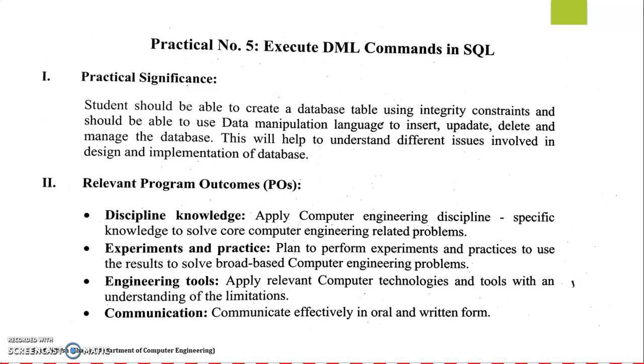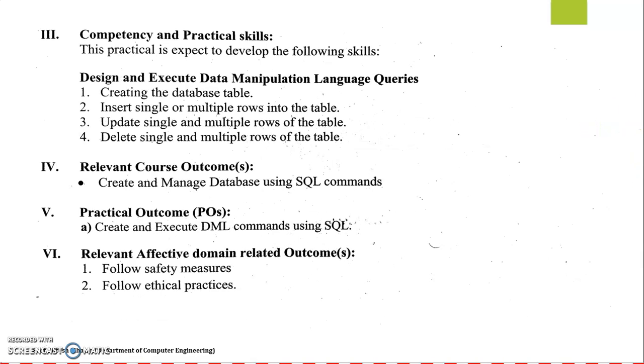The relevant program outcomes that can be achieved are discipline knowledge, experiments and practice, engineering tools, and communication. Competency skills: this practical is expected to develop the following skills, that is, design and execute data manipulation language queries.